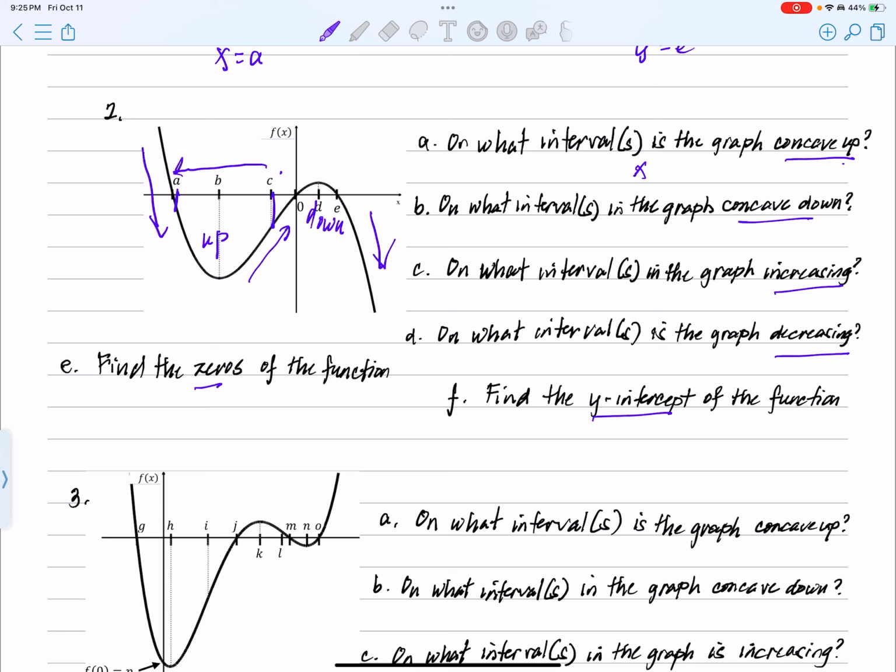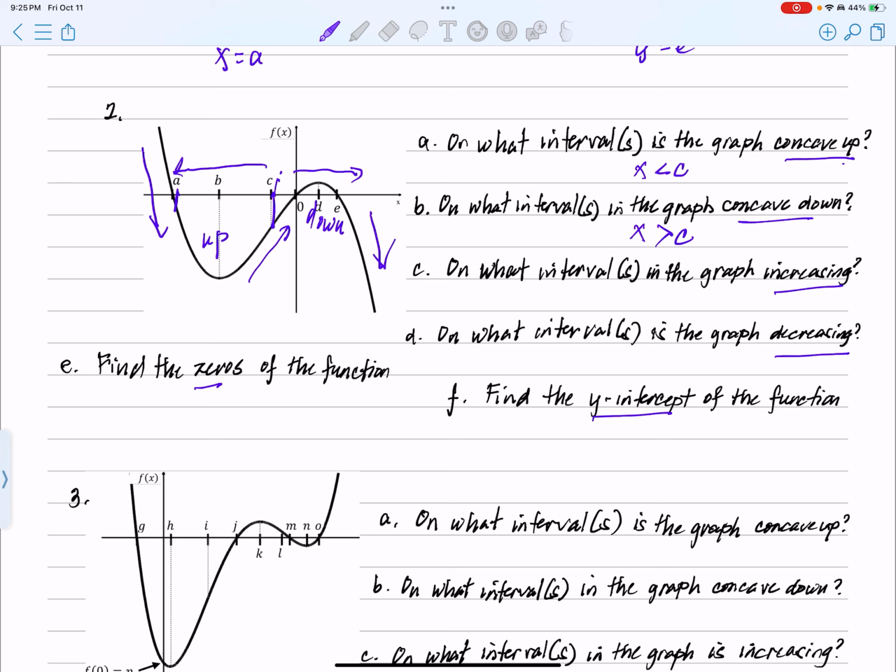So when the x value is less than c, it starts to go up. Okay? When it's concave down, concave down started from here, when the value is greater than c.